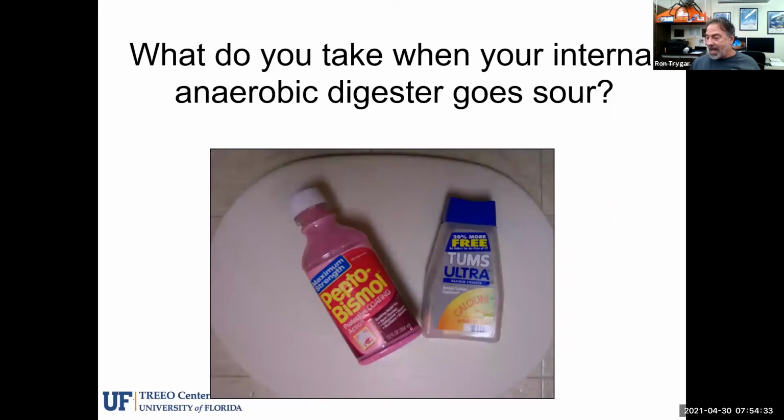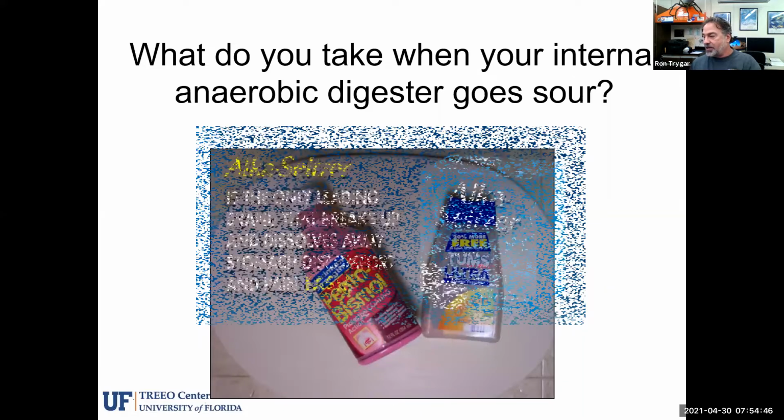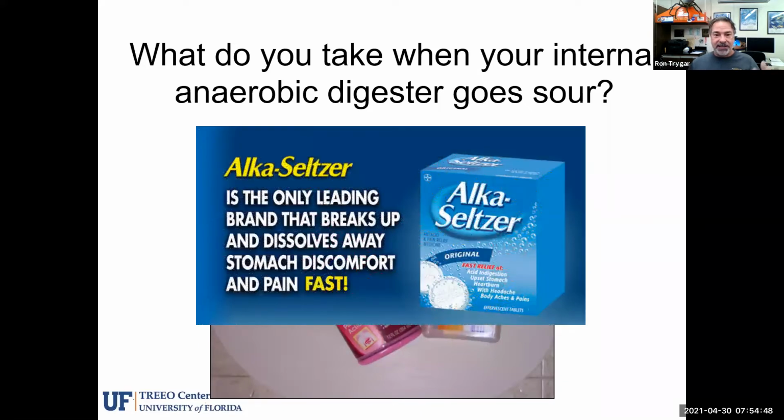You're actually adding alkalinity sources to your gut to neutralize some of these acids, or coat, or somehow relieve that pain. Alka-Seltzer is basically calcium carbonate or sodium carbonate tablets, dehydrated; you put that in water and it fizzes up and makes this alkalinity that you drink.